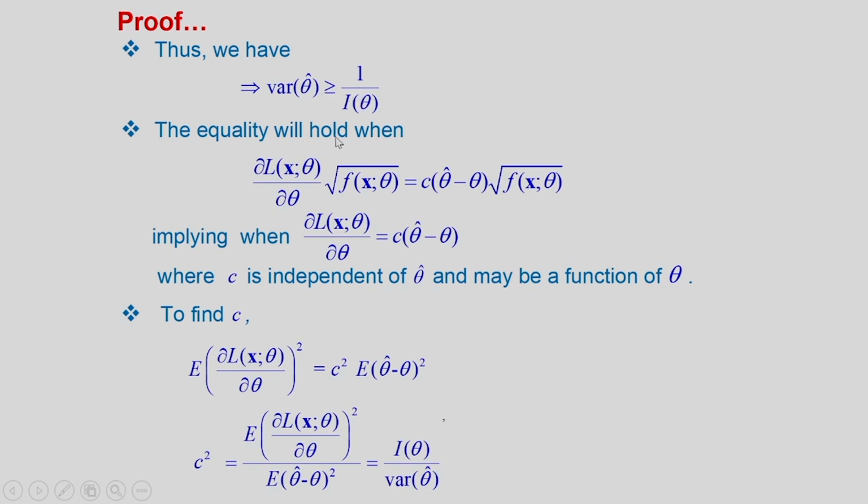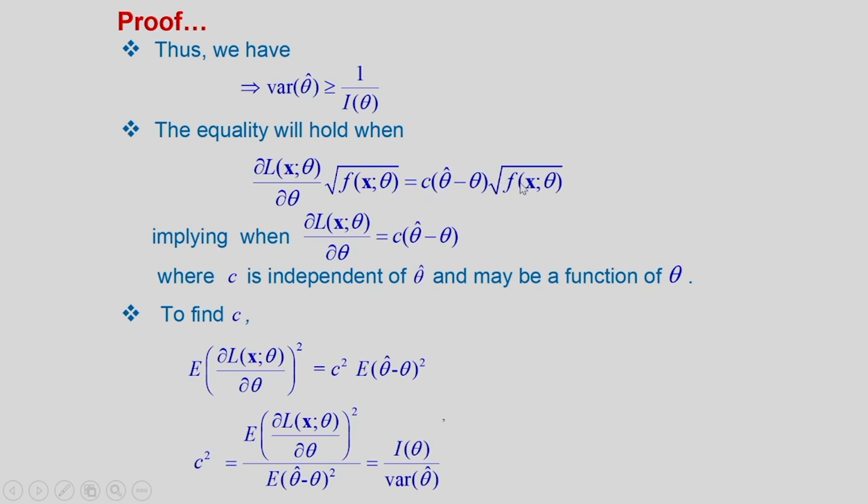The equality will hold when one of the functions, suppose the first function del L(x, theta) del theta into root over f(x, theta), is a multiple of the other function, c times (theta hat minus theta) into root over f(x, theta). That is the condition for equality in the case of the Cauchy-Schwarz inequality.